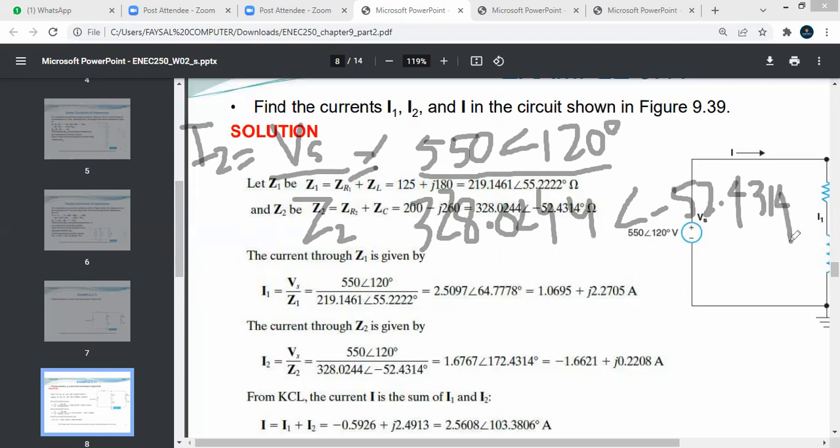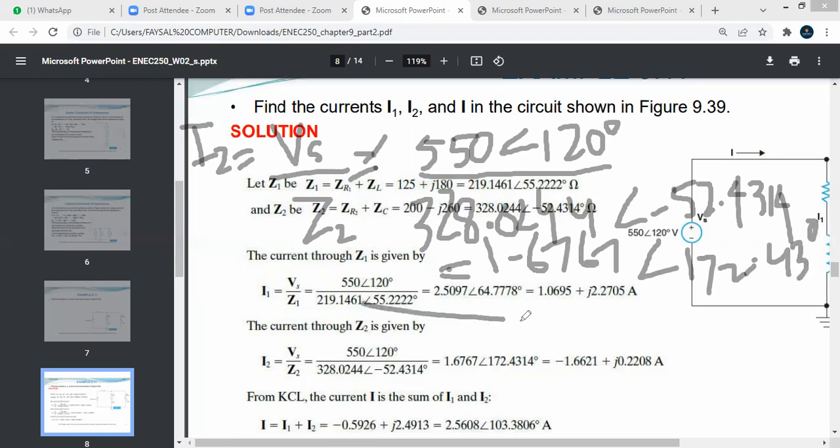So again, the amplitudes for Vs and Z2 will be divided separately and the angles separately. After this, we find the value, and this value will be equal to 1.6767 with the angle 172.43 degree.